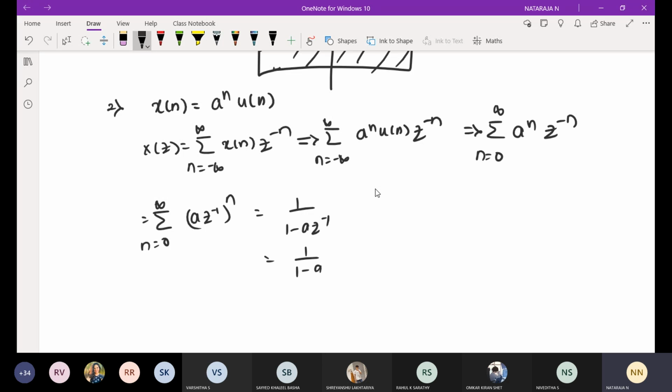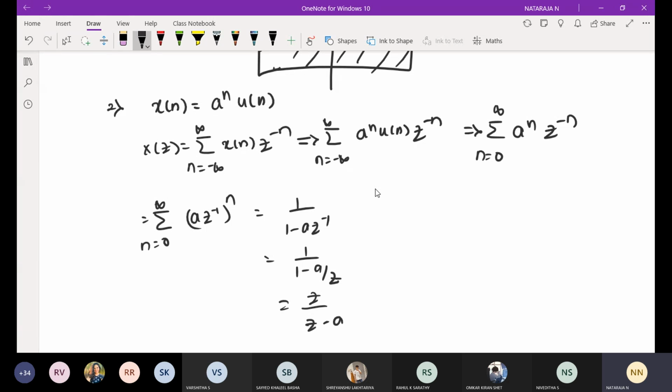That I can write as 1 by 1 minus a by z, that is z by z minus a you are going to get.